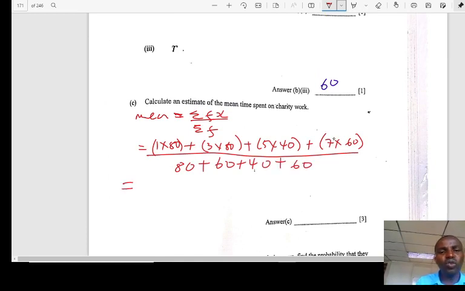It's supposed to give you 240 actually down here. You are supposed to get 240, the total number of people available.